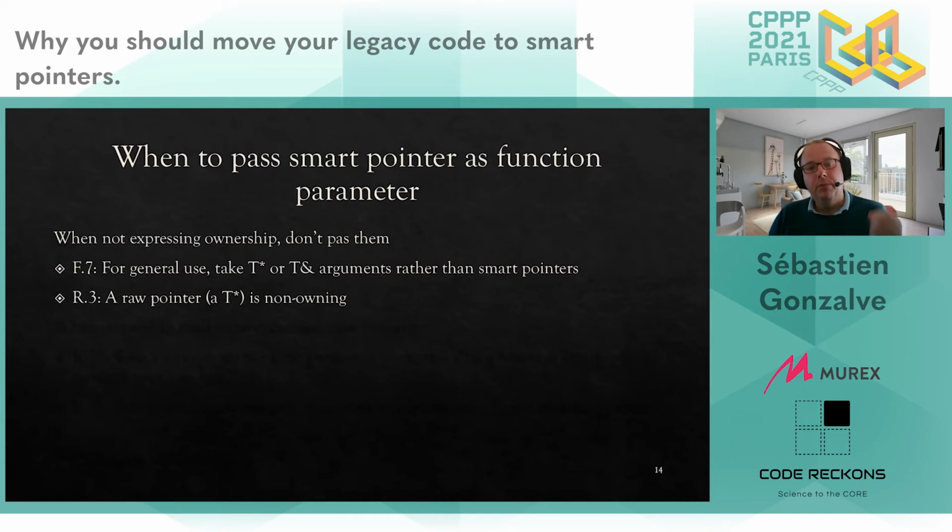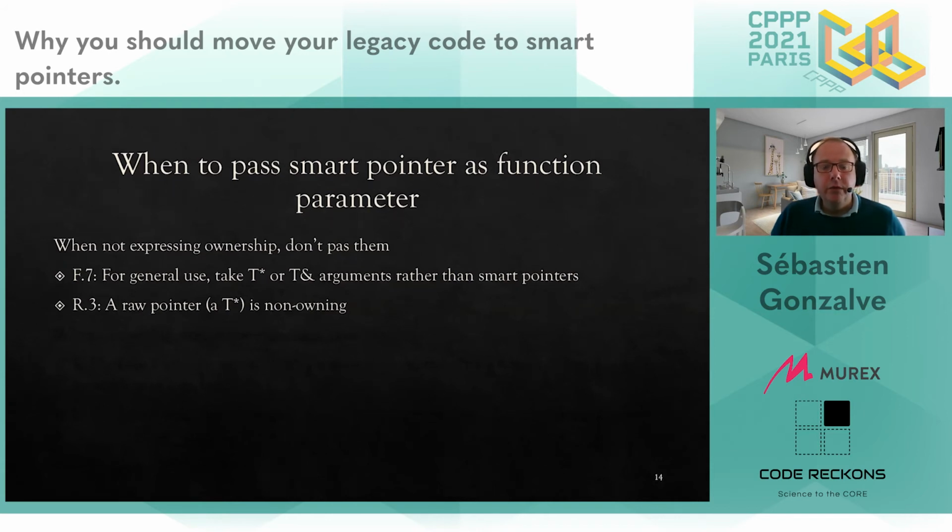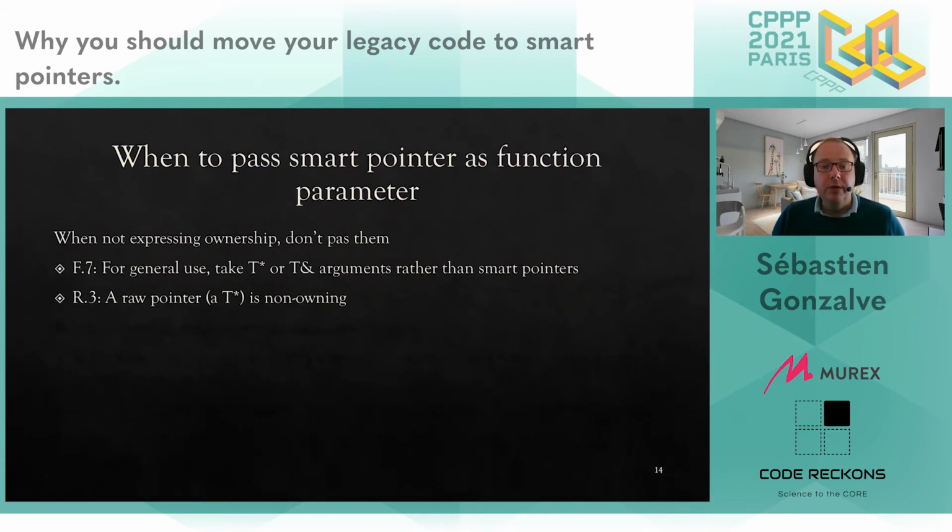When I pass a raw pointer to a function, it means that this pointer is not owned, so it's just a temporary buffer or temporary object you can work on, but you don't have to keep it somewhere.